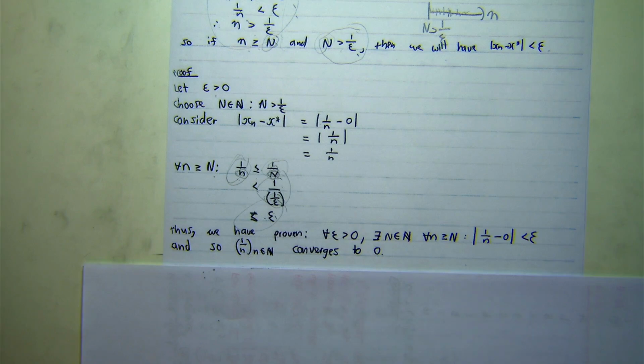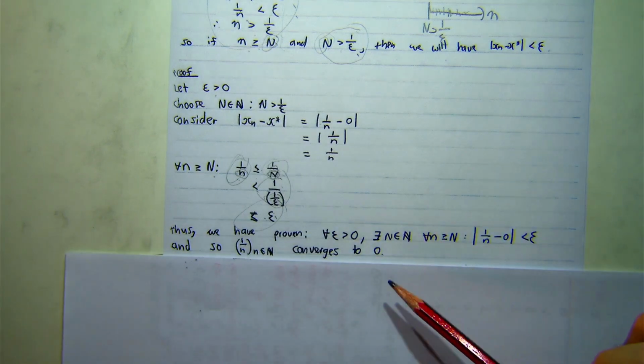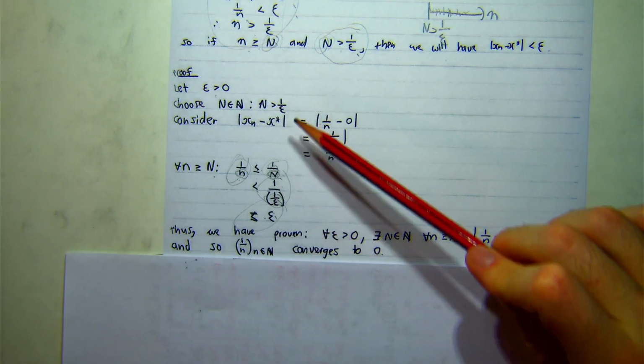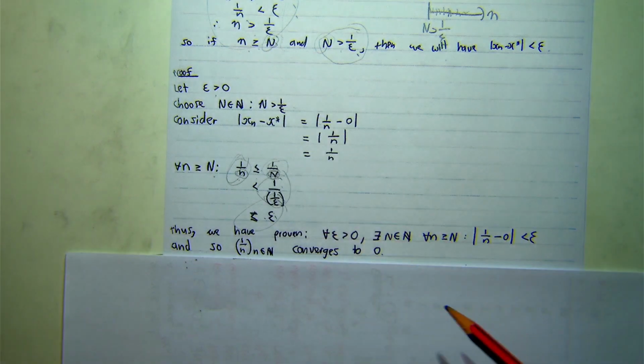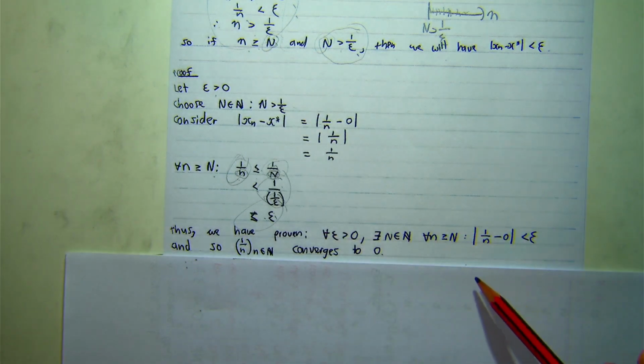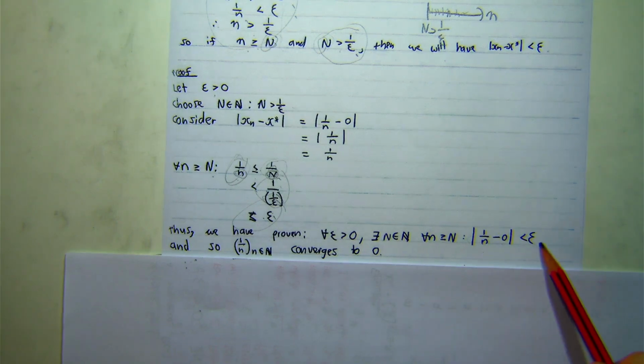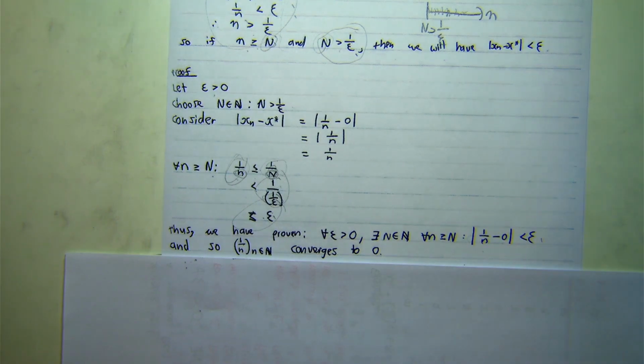So we've shown that for all epsilon greater than 0, which is true because we did it for one arbitrary epsilon, there exists a natural number, which we find using this rule, that all natural numbers that follow that one satisfy that 1 on n minus 0 is within epsilon of the limit. So 1 on n is within epsilon of the limit, which is 0.